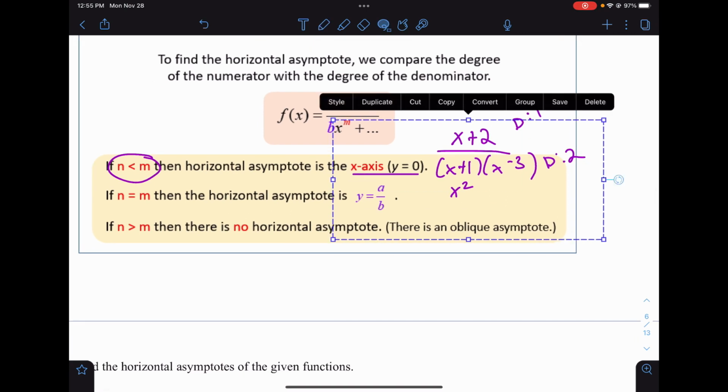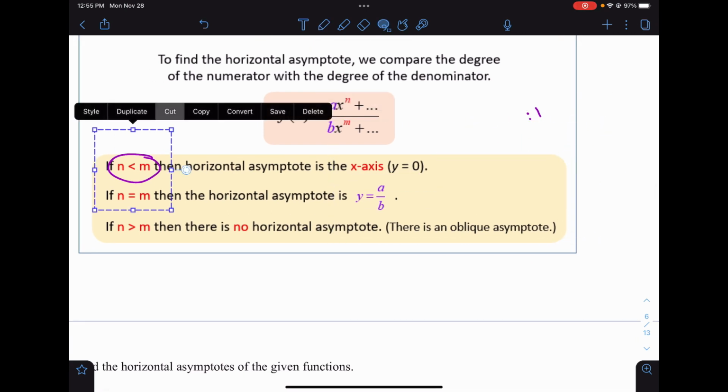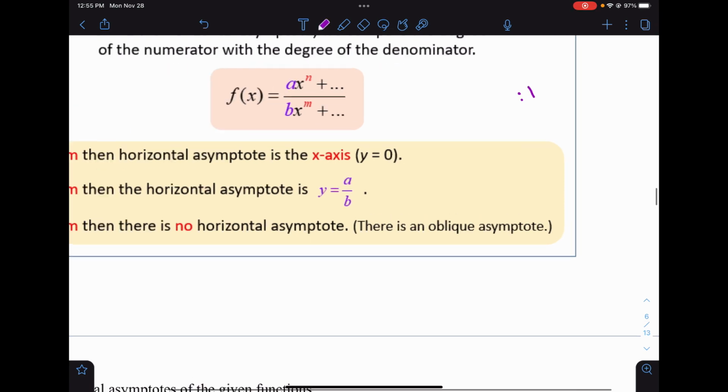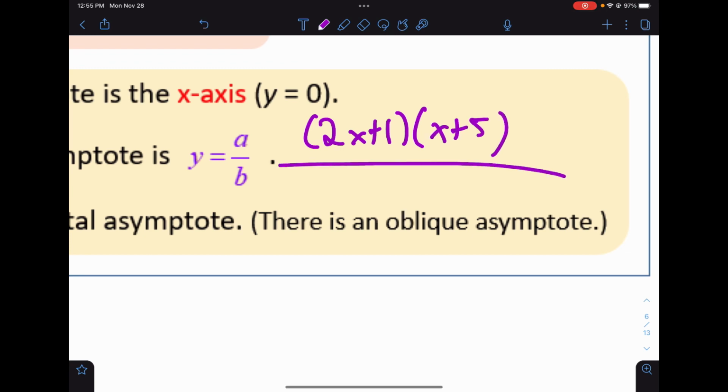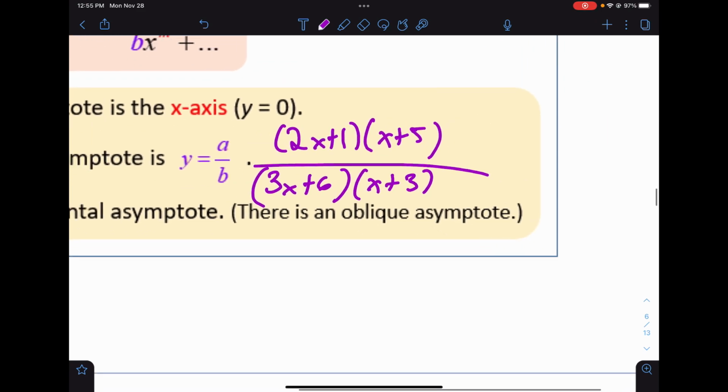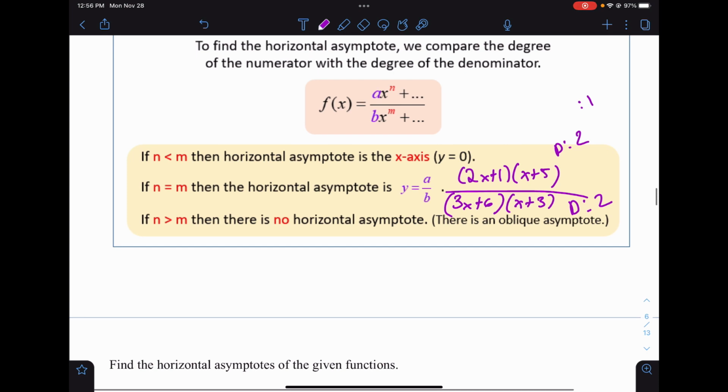The next case we have is if the degree of the numerator and the denominator are equal. So let's say we had (2x + 1)(x + 5) all over (3x + 6)(x + 3), okay? This one we have a degree 2 on top, and on the bottom we have a degree 2 as well. So in this case, the degree of the numerator equals the degree of the denominator.